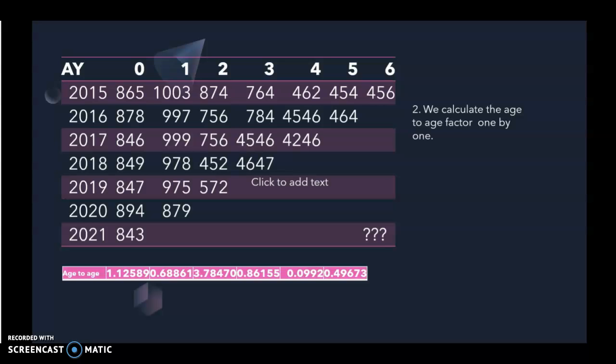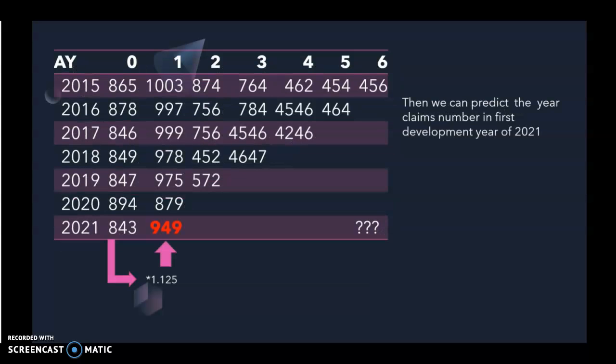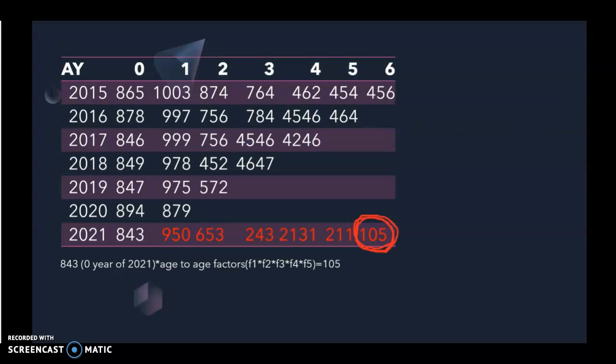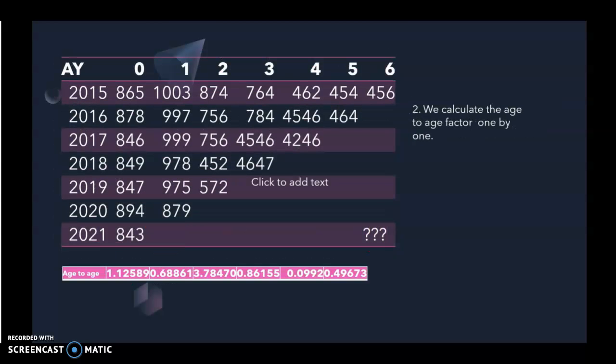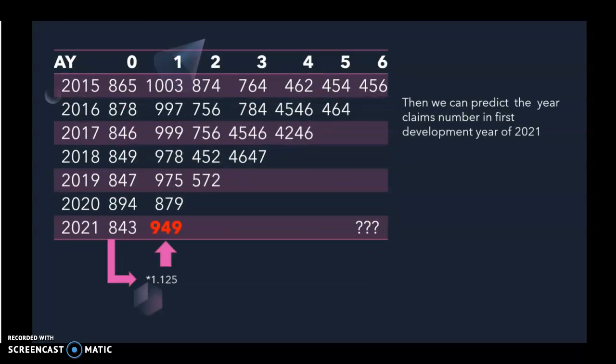So next step, we're going to calculate all the age-to-age factors. Once we get all of them, we can predict the loss for those years which haven't happened.